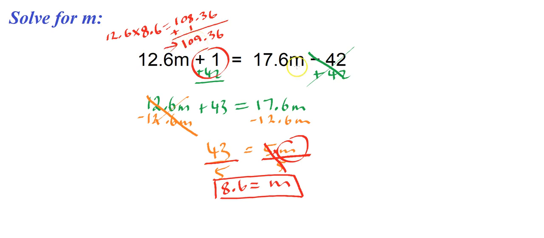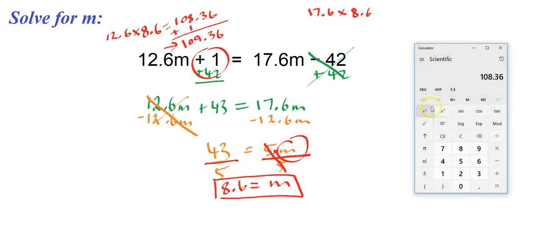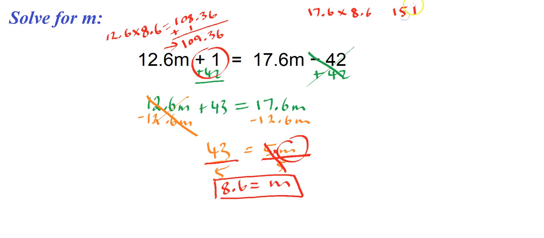The right hand side needs to equal the same value. So it's 17.6 times 8.6. That's 151.36. And then we minus 42.